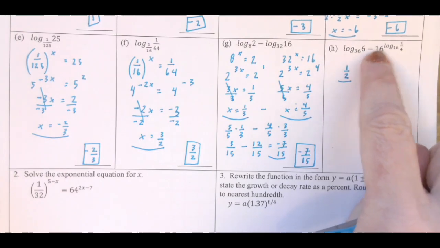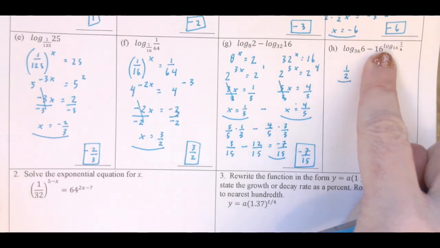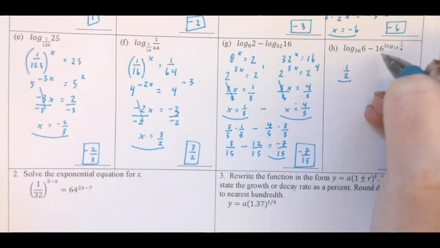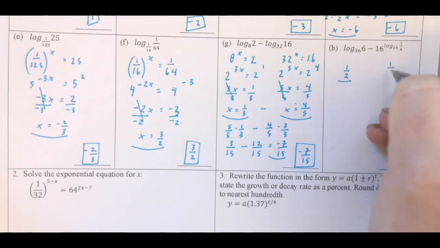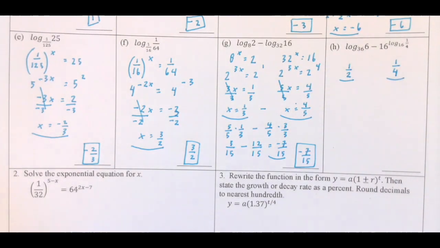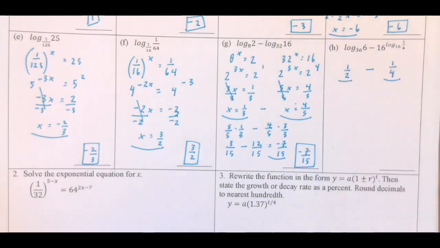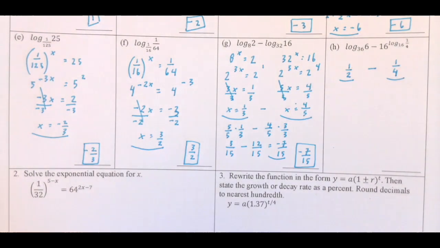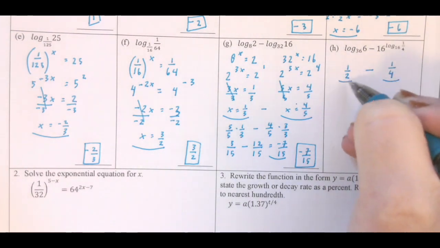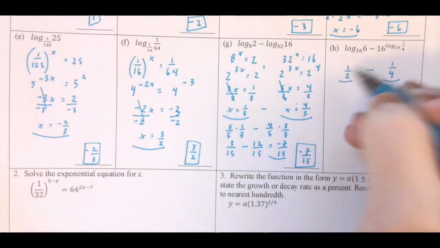I see that the 16s are the same. It really unlocks itself to get me just right here, whatever is that number in the argument position, the 1/4. So here this simplifies, right? Those 16s match. I get just 1/4 over here. It's an inverse property. Okay, and then here I am subtracting them. So I need 1/2 minus 1/4. So common denominator, I need this to be a 4 on the bottom. I'll multiply by 2/2.